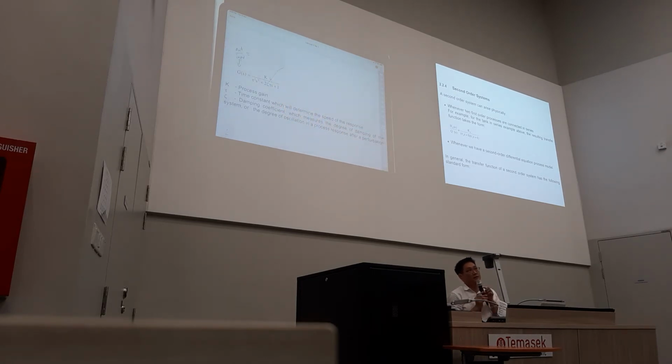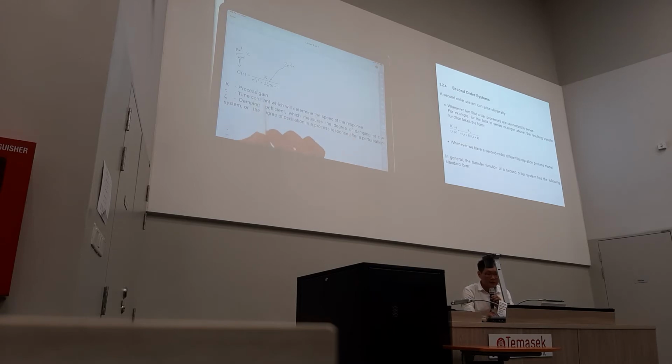We call it zeta. This one like a snake is actually zeta. So for a second order process model, it is normally in this format.